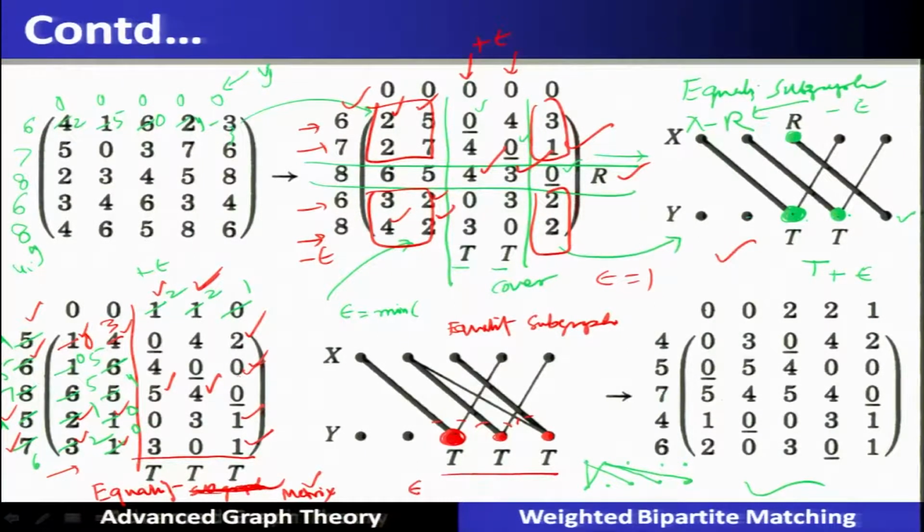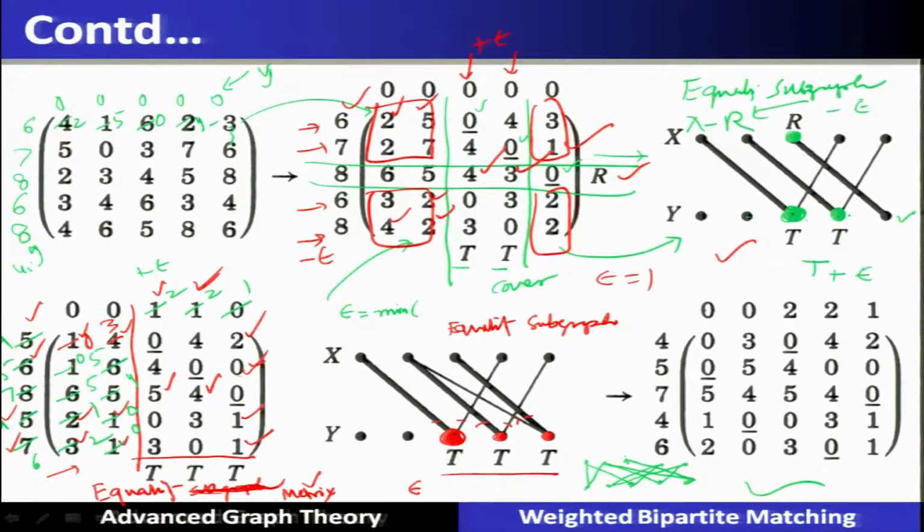Then the third one is the last, then the fourth one is 2 and 3, the fifth one is 2 and 4.